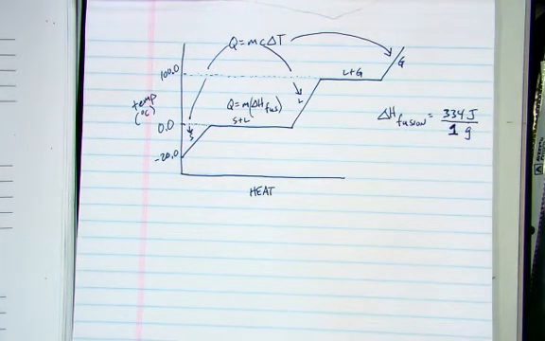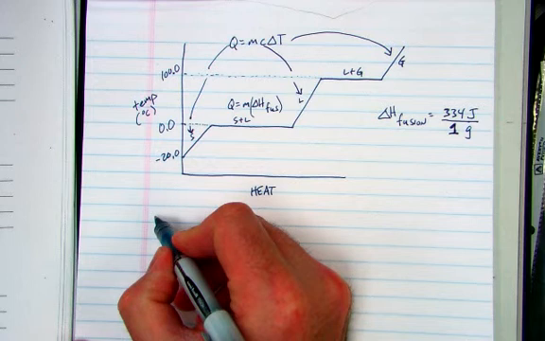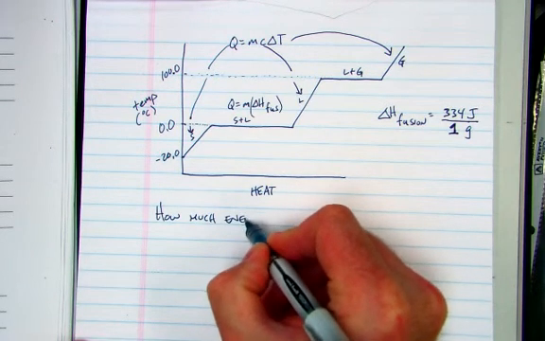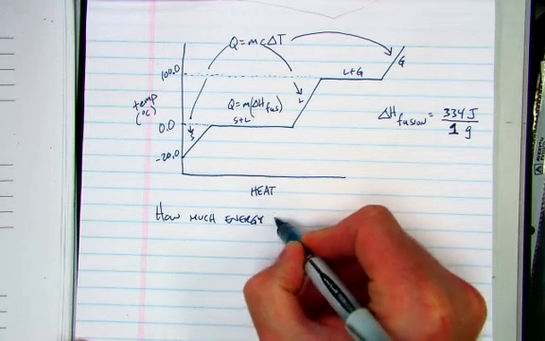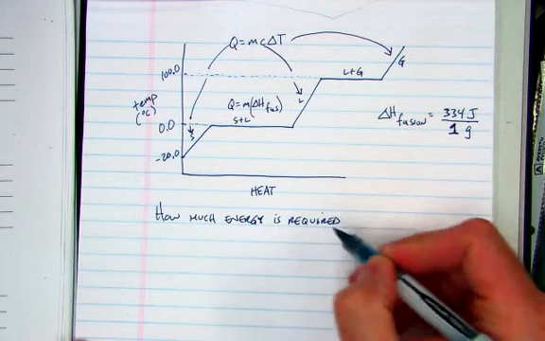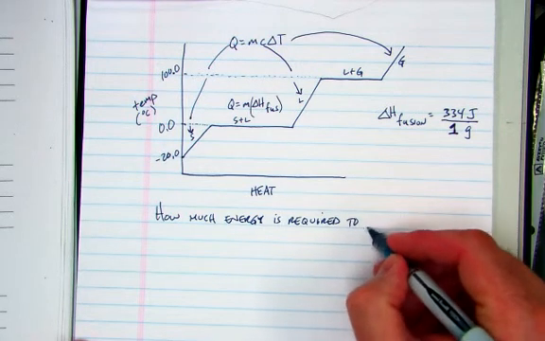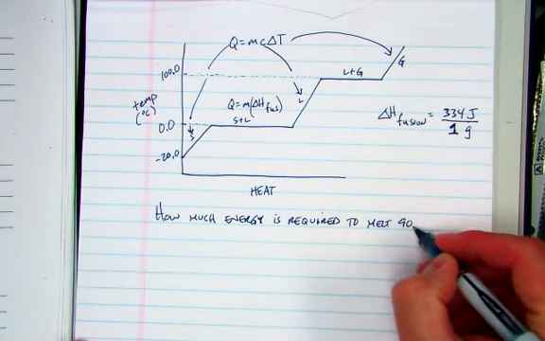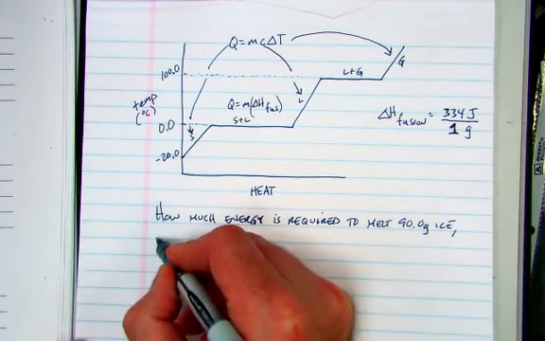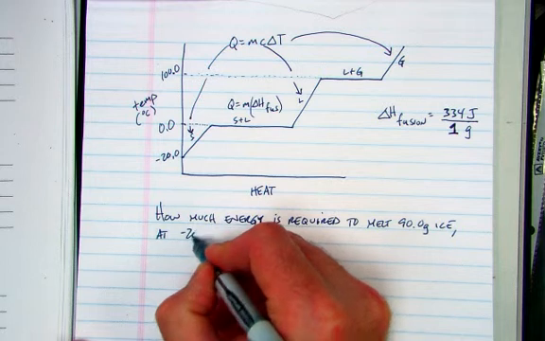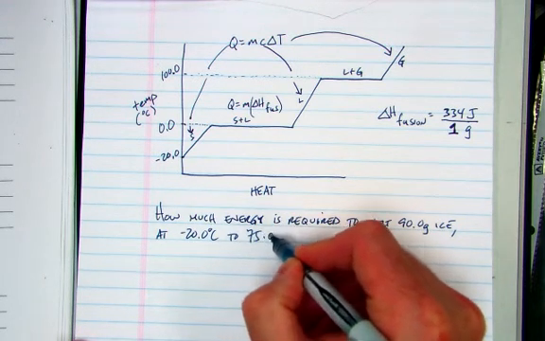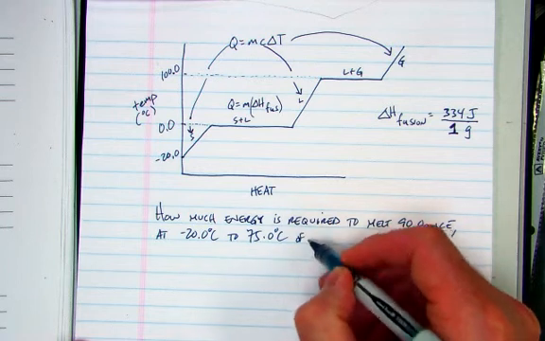And so our problem is going to be: how much energy is required to melt 90 grams of ice, which is at negative 20 degrees, to 75 degrees of water.